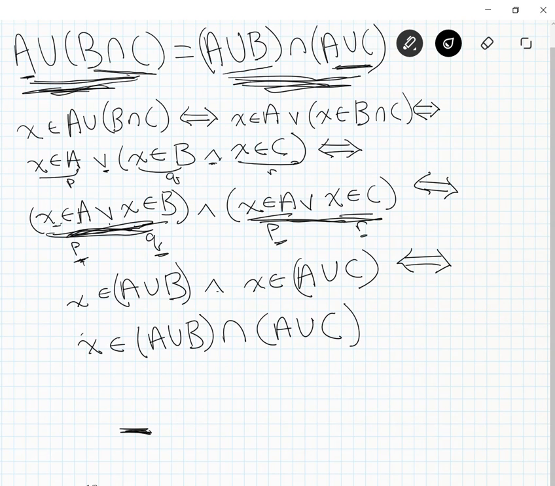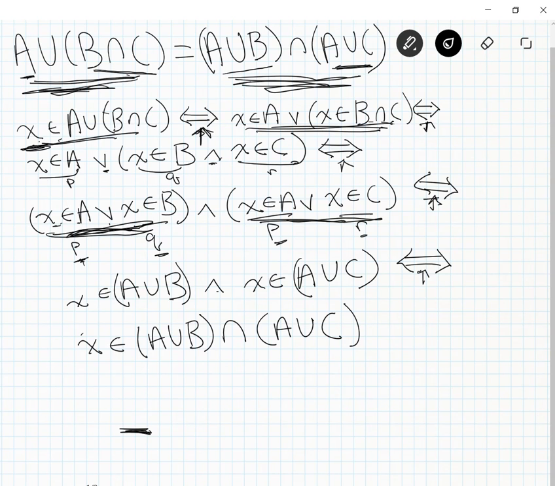So up here, we started with if any element belongs to this set, then it belongs to this set, and vice versa, which is why we had this biconditional statement here. Each of these being the biconditional statement, we're looking at it both ways. So X is in this set implies that it's in this set. So any element of this set is in this set.